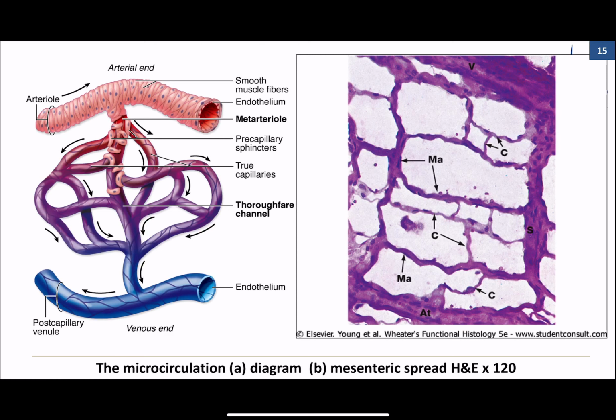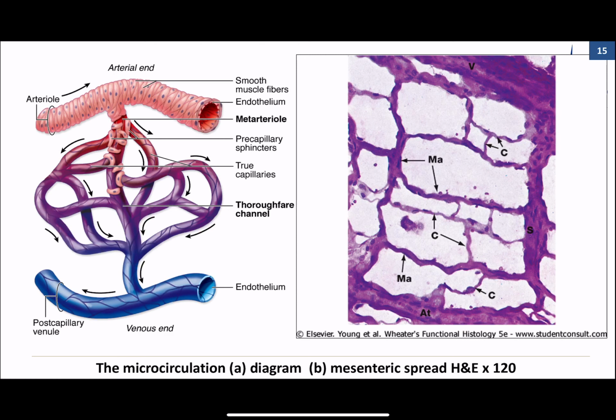That metarteriole is going to dilate, and when that happens, you're going to see blood flow going through. Then those cells are going to say, I'm fine, I've got enough oxygen. That metarteriole will constrict and not send as much blood flow through there. That's when the blood doesn't move, or maybe just ebbs a little bit forward or backward. The cells say, wait a minute, we need more oxygen again, and that precapillary sphincter, that metarteriole, will open up again.